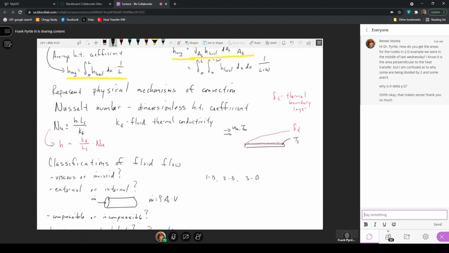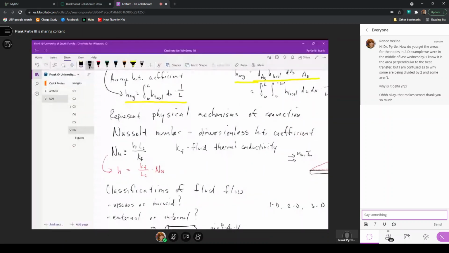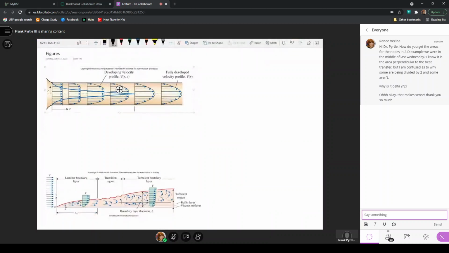Now, I actually want to go to some of the figures that I pulled out of the text for some of these other expressions here. This first expression is for what we call duct flow or pipe flow. And you should remember this from fluid systems, but this is just an expression of the hydrodynamics of the problem.